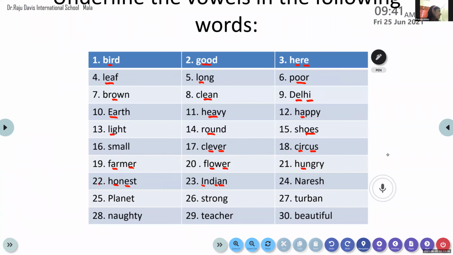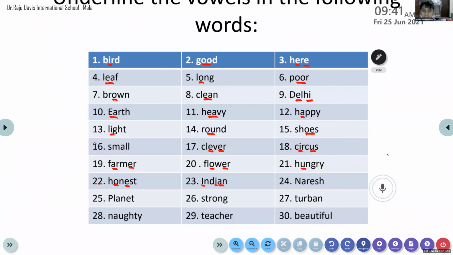Then, Prithvi Ramesh, come on. Do the 24th word. Prithvi Ramesh is not there? Just now I called. Yes, come on. Do the 24th word, Prithvi. How do we pronounce the word? It is a name of a boy.